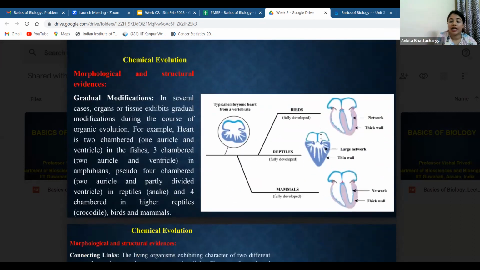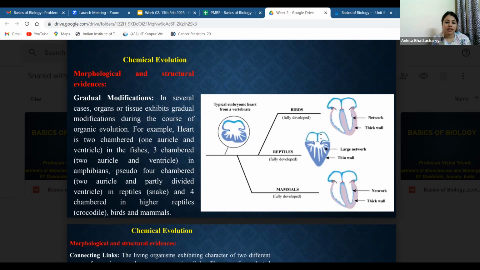Then came the concept of gradual modification of the heart, and we have discussed that as well, how over a period of time it has evolved from two-chambered, where there was a lot of mixing of blood, then the three-chambered, and finally the four-chambered heart. So in the question, we found amphibia.